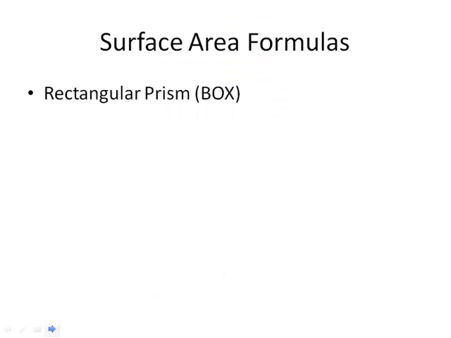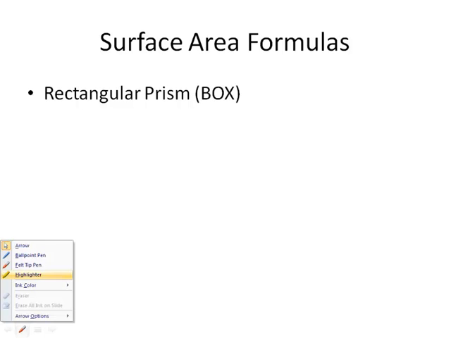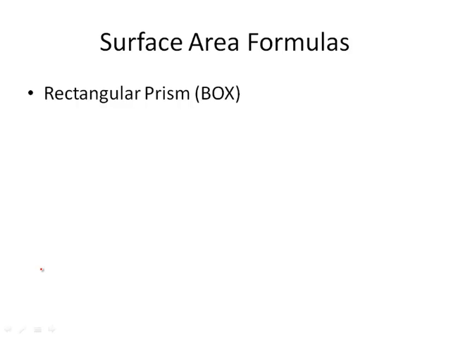Let's consider creating some formulas for the surface area of some of these shapes. A rectangular prism is essentially a box. So let's take apart the rectangular prism and figure out how we would find its surface area. There's a box.